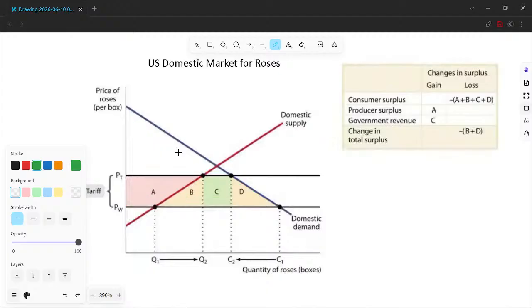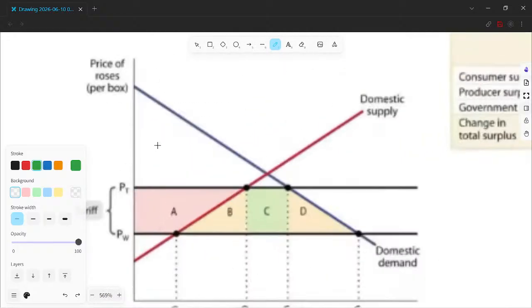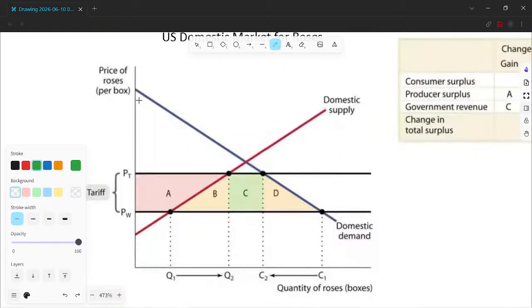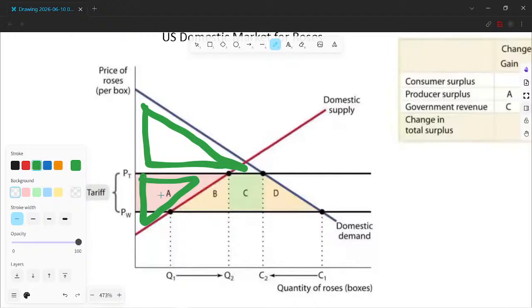Now that we have the tariff, domestic demand, consumer surplus is here, including that little triangle there. And producer surplus is here.